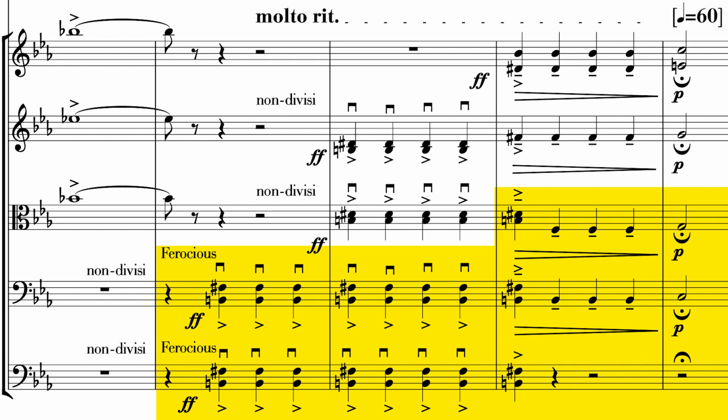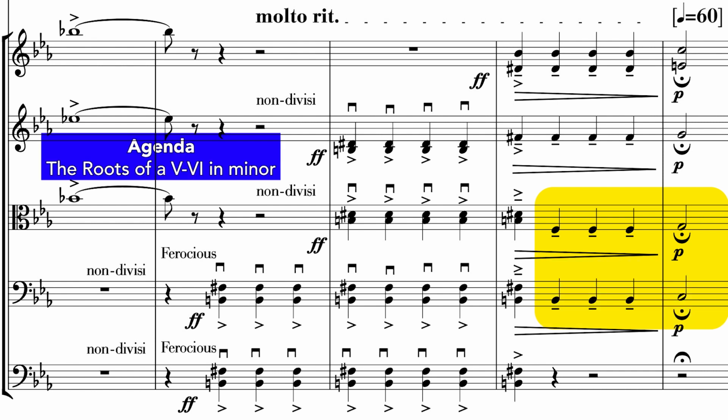Now I'm going to play the cellos and double basses again, but this time I will add the viola at the end. So notice how the viola functions as the fifth there, whereas prior it wasn't necessary because you had both double bass and cello.